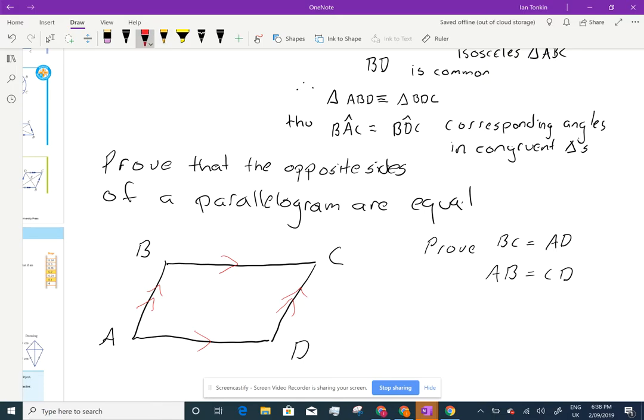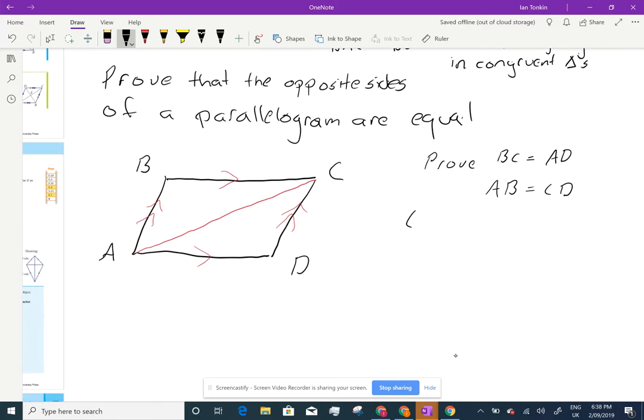Again, what you need to do is construct, and I'm going to construct the diagonal there. All right? So, construct diagonal AC.